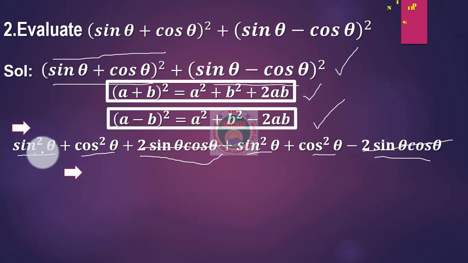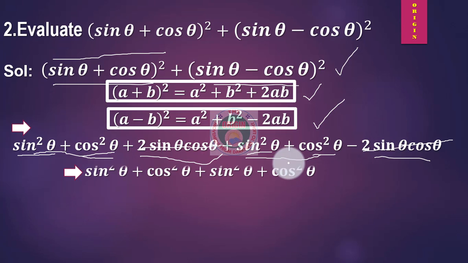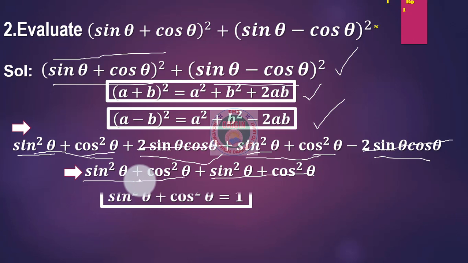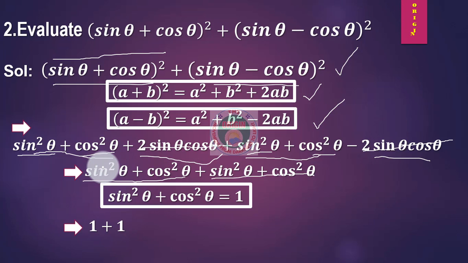Remaining terms are sin square theta plus cos square theta, and here also sin square theta plus cos square theta is there. Already you know from the previous problem that sin square theta plus cos square theta equals 1. Now this is 1 and this also is 1. 1 plus 1 equals 2. This is the second problem.